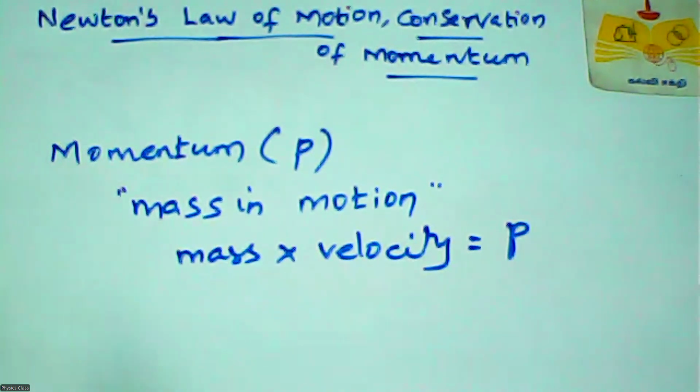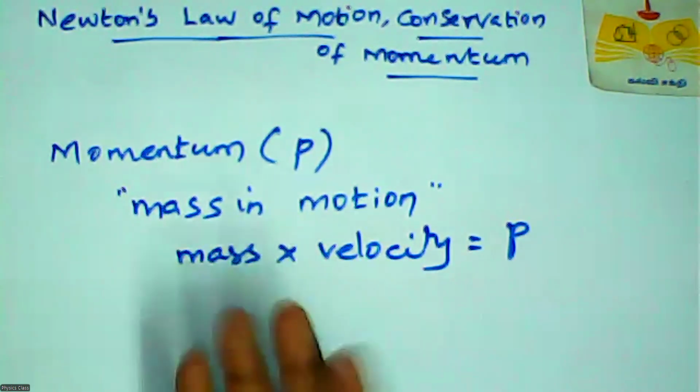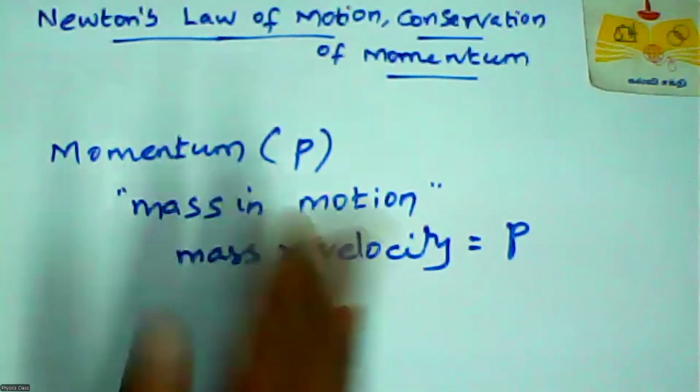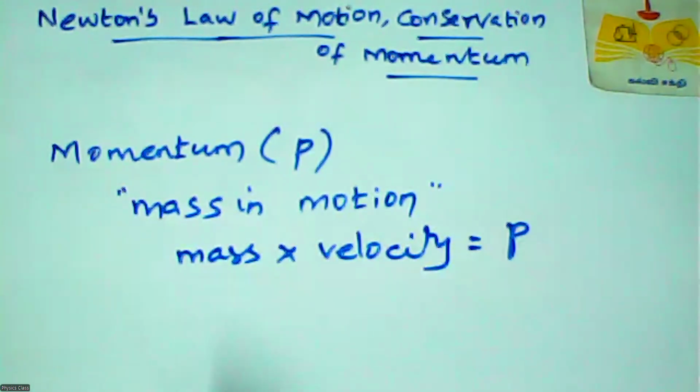For example, if there is one car that weighs like 70 kg, 80 kg, and its velocity is 5 or 10 or 20, you can multiply 70 into 20, 70 into 10, then you will get the momentum of that car.